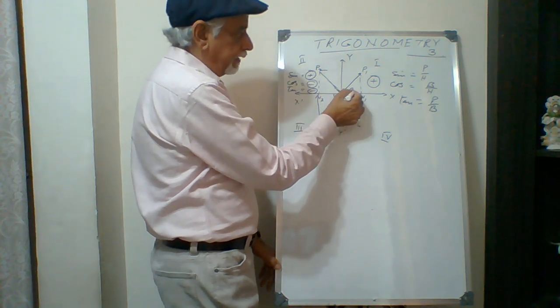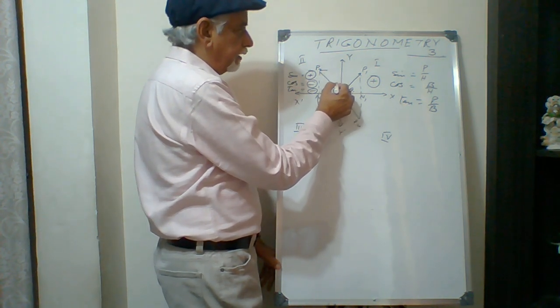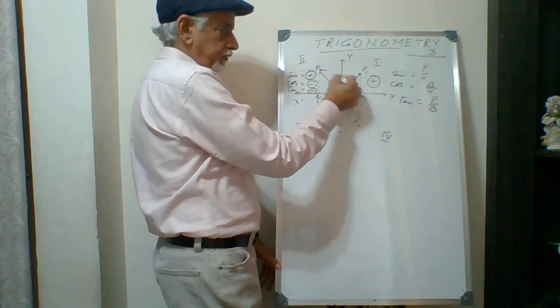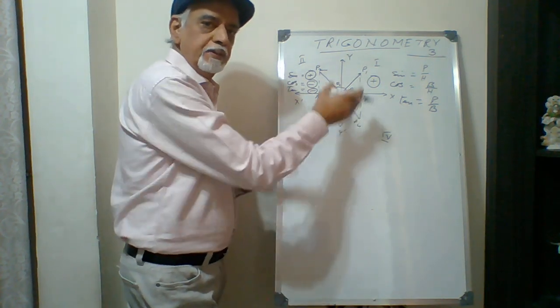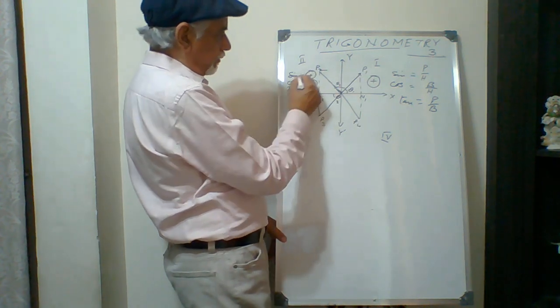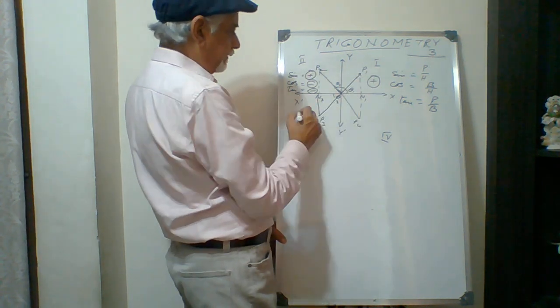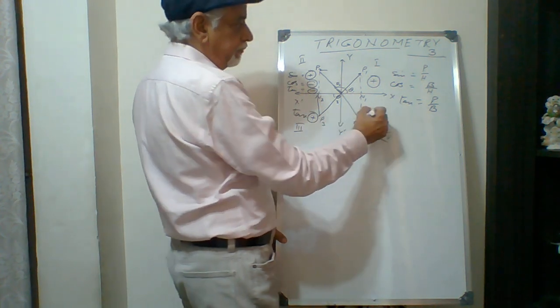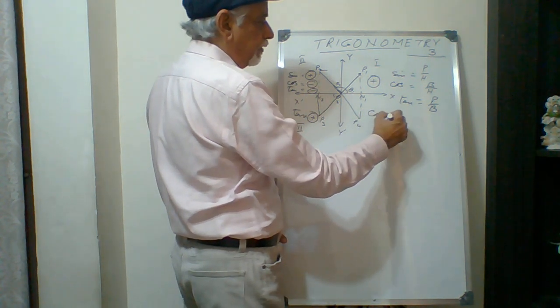So we are tracing the angle like theta 1, then this is theta 2, this is theta 3, and theta 4 like that. So it depends on how much angle we are tracing. So you understood this. This is sine positive, all positive, then there will be tan positive here, the remaining will be negative, and here will be cos positive.